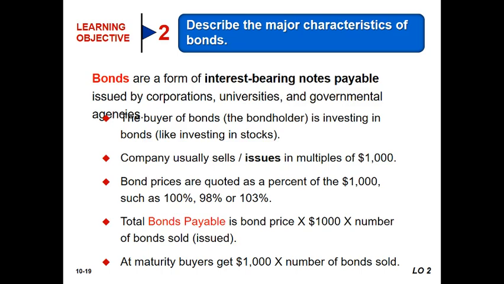Your bonds payable account is going to represent your bond price times 1,000 times the number of bonds sold. When bonds mature, this is when they have reached their term, because remember, with a notes payable, there's a term attached to it. The buyer is going to get $1,000 times the number of bonds that they purchased.